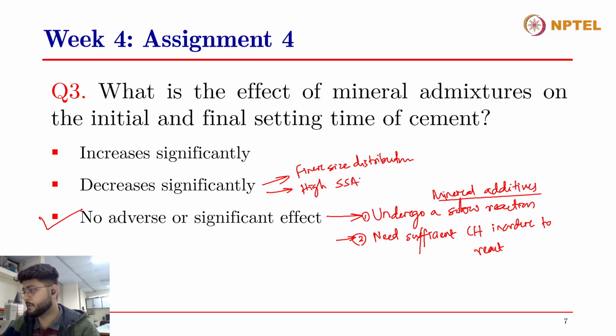Like you have seen in the case of silica fume or rice husk ash, these mineral additives have very high specific surface area. Now, when you add these finer materials with very high specific surface area to the cement, they act as fillers, and they produce what is known as the nucleation effect.